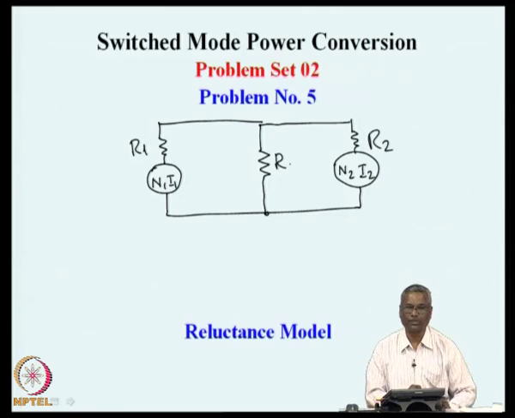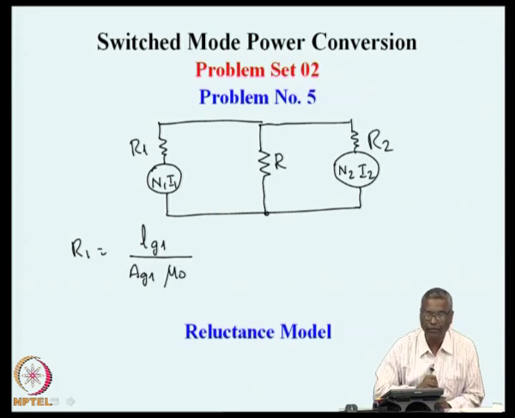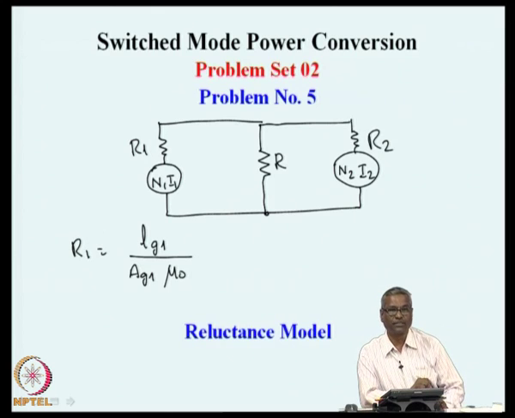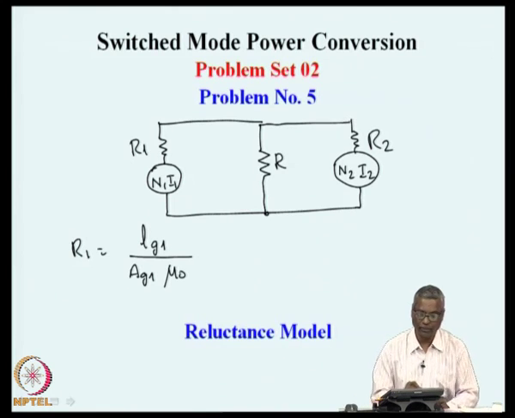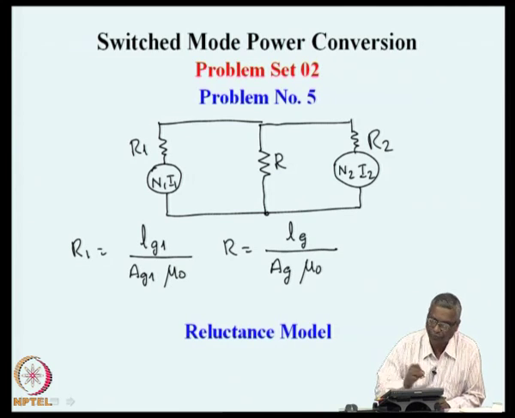So, all the reluctances, R1 can be written as Lg1 divided by Ag1 mu naught, because the reluctance is mainly by the air gap and the magnetic material is assumed ideal and does not contribute to the reluctance, and R will be Lg divided by Ag mu naught.